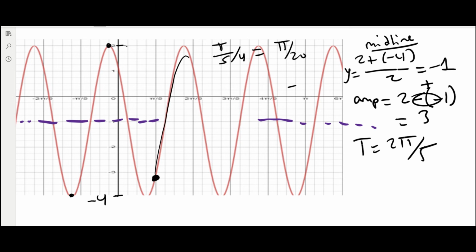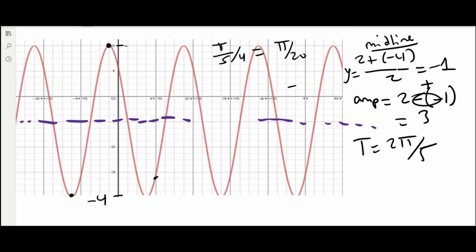So you can choose that and this one, and that would also work. That is between pi over 5 and 3 pi over 5. So 3 pi over 5 minus pi over 5 is 2 pi over 5. So there are multiple ways of finding the period given the graph, is what I'm trying to say.